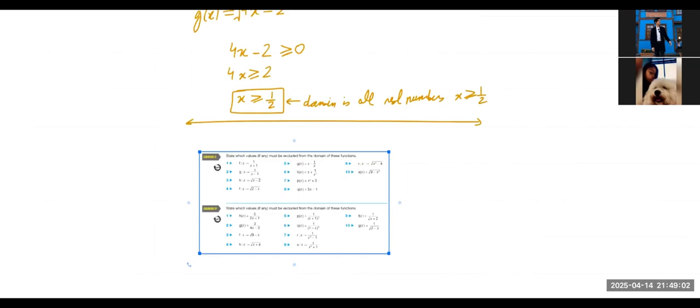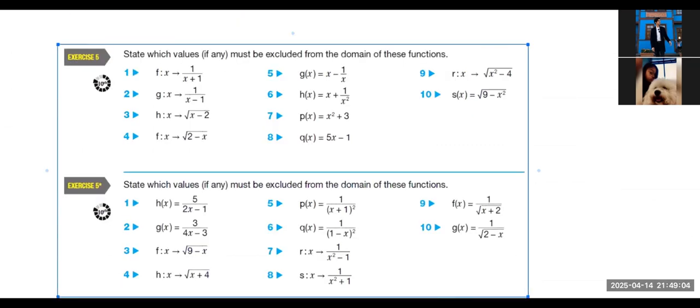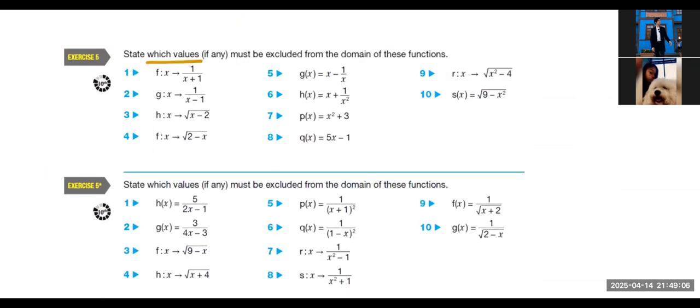So you see how it says state which values must be excluded from the domain. For example, in this case, what value of x can I not put in this function? What do you think? Negative 1. How do I do that?